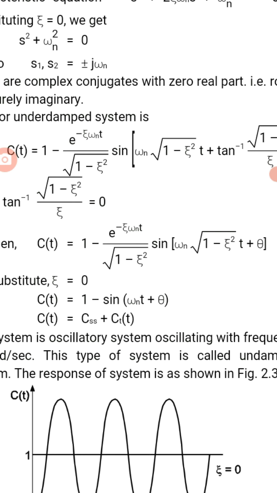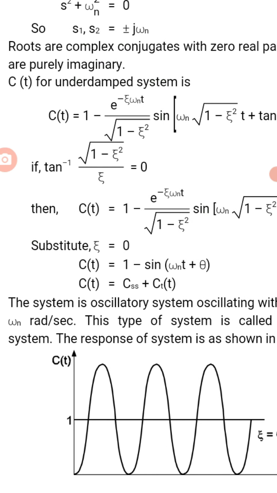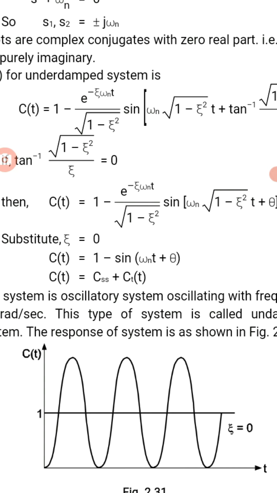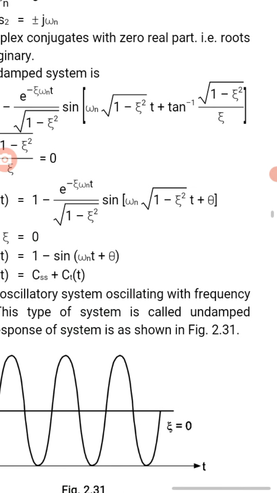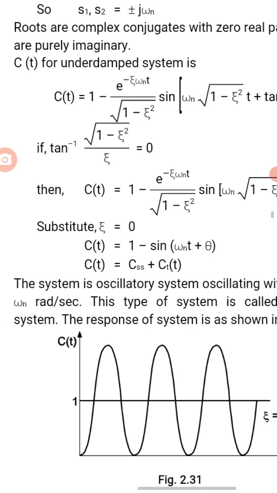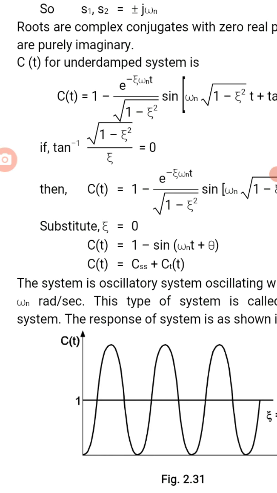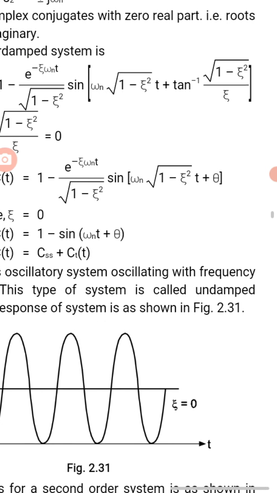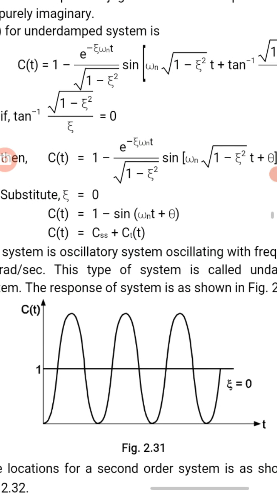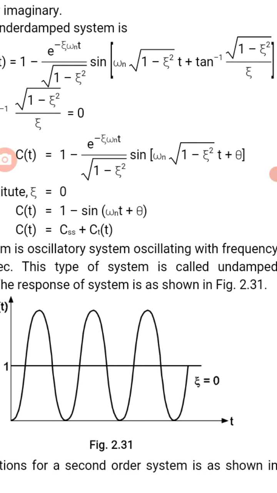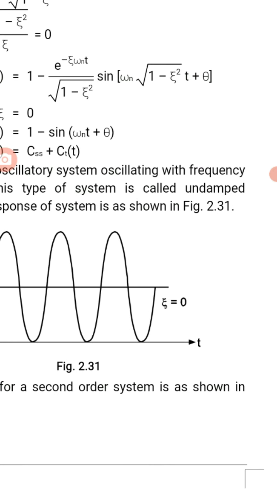So the system is oscillatory, oscillating with frequency omega n radian per second. This type of system is called an undamped system. The response of the system is shown in figure 2.31.